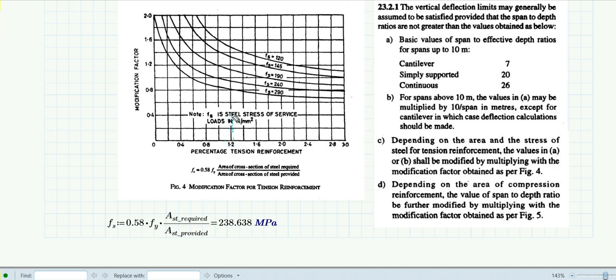It will go up straight, in between 190 and 240. It is 238, so it is closer to 240. And it will be somewhere here probably, right? So you can assume it to be 1, or suppose 0.9. So let us assume that the value is 0.9. So this modification factor is 0.9.